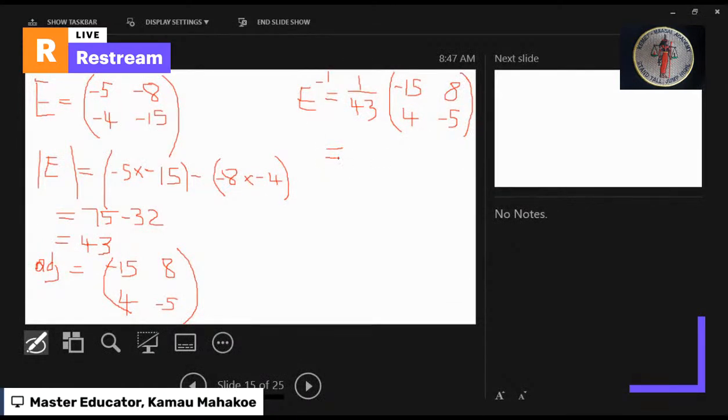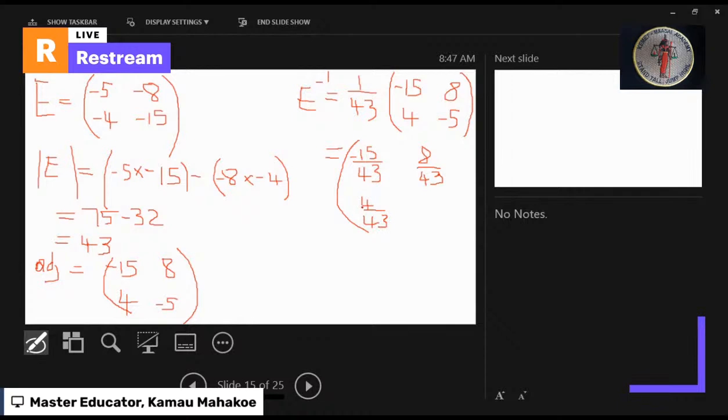Which gives, so 1 over 43 times negative 15, that's negative 15 over 43, which cannot be reduced. 1 over 43 times 8 is 8 over 43, which cannot be reduced. 43 is prime. 1 over 43 times 4 is 4 over 43.